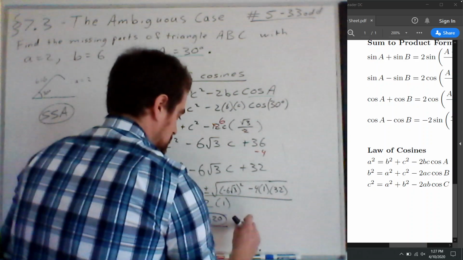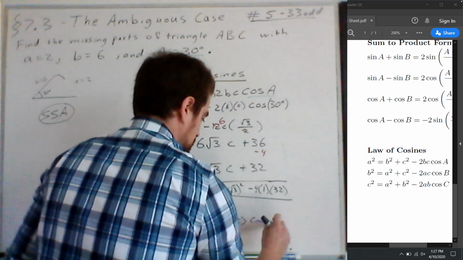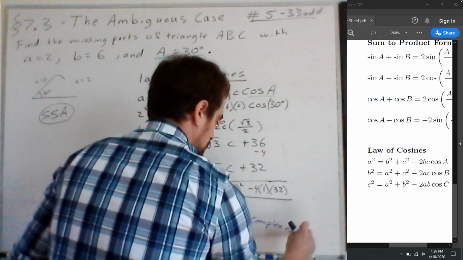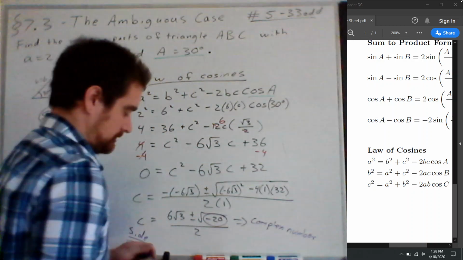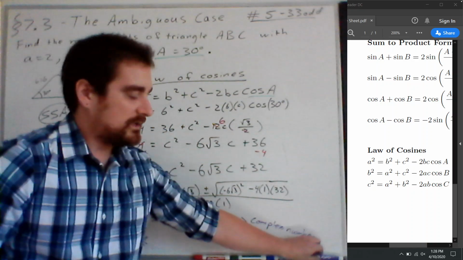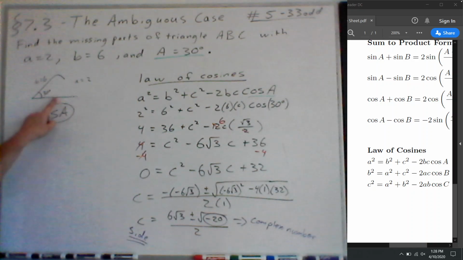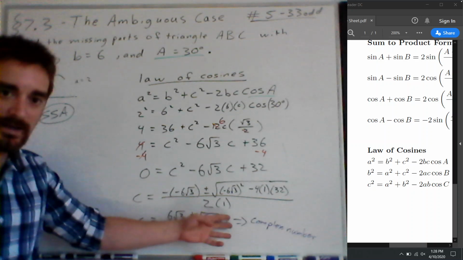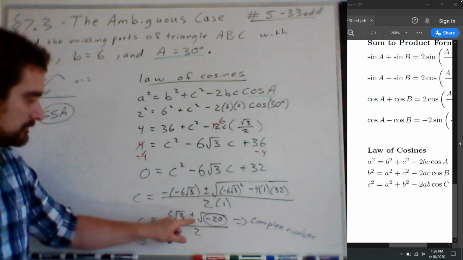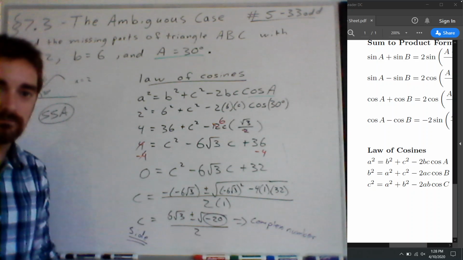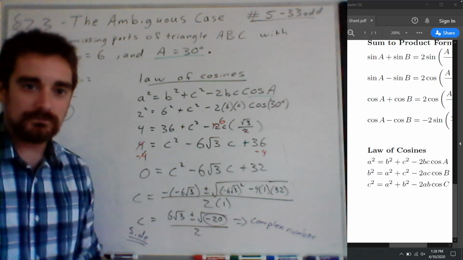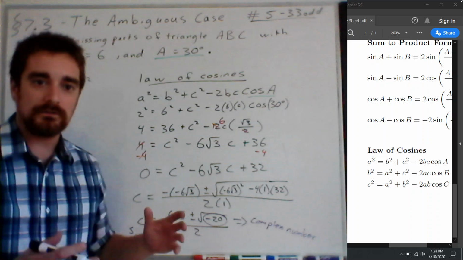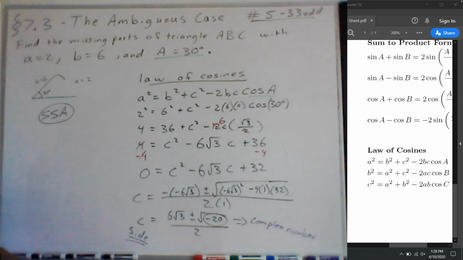This is going to give us some sort of complex number. Which means this side c, the only hope of a solution, is either 6 root 3 plus some imaginary stuff, or 6 root 3 minus some imaginary stuff. That's complex. That's not a real number, right? That's not something that we can write down as a side.